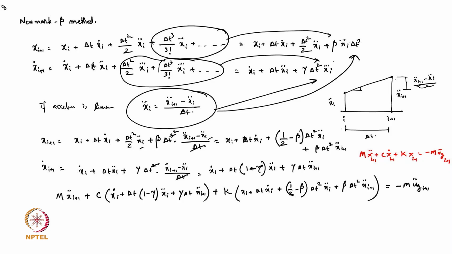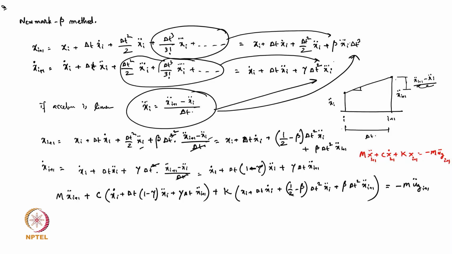Okay, so that is the complete form of the equation. If I substitute the calculated values of x_{i+1} double dot, x_{i+1} dot and x_{i+1}, we will get this one. Okay, all of you agree with that point?